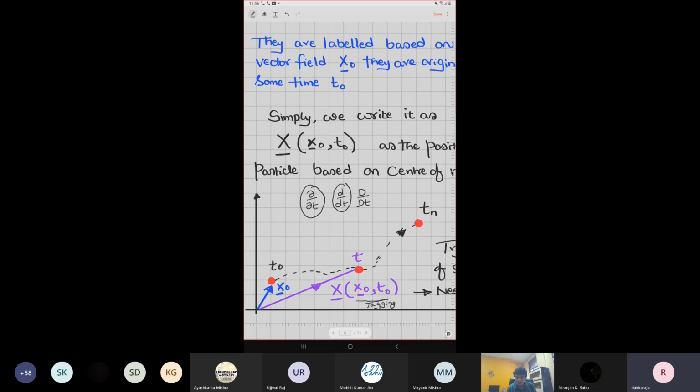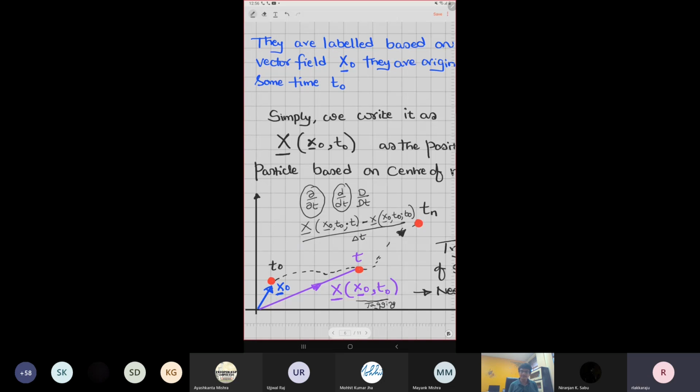Clear? Yes, sir. What I mean is x bar, which originated at x naught, t naught, but at time t is at the present location, minus x bar naught at t naught time, divided by delta t, is supposed to give me the velocity of that Lagrangian particle.